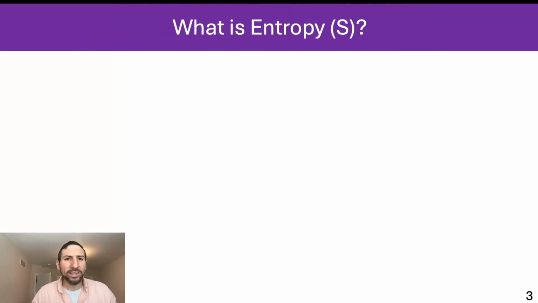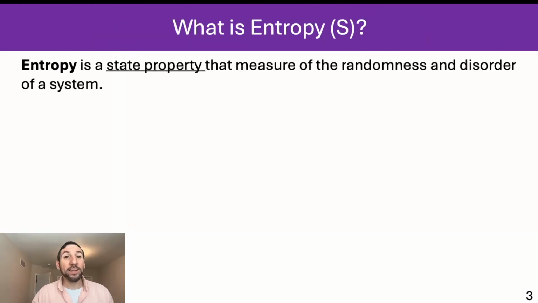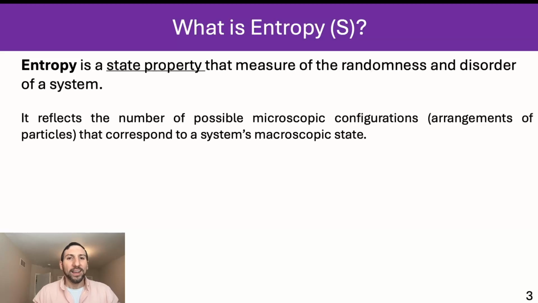So what is entropy exactly? So entropy is a state property. It measures the randomness and disorder of a system. So we can think about that if we're thinking about molecules in a box, we can think about the number of different configurations of those molecules within my box that create that system.